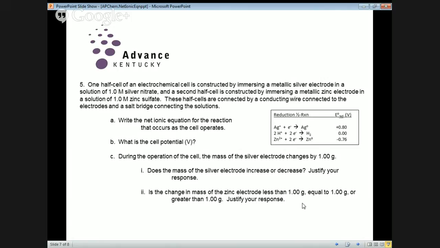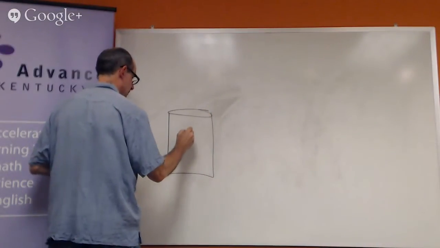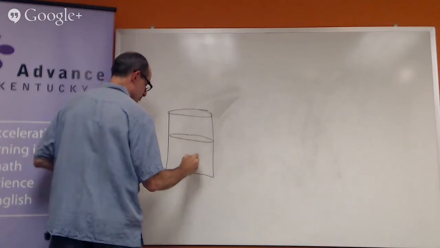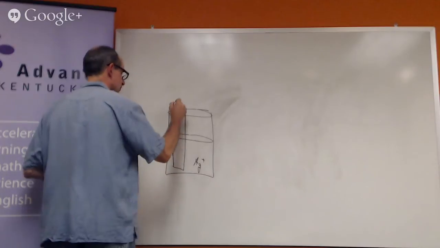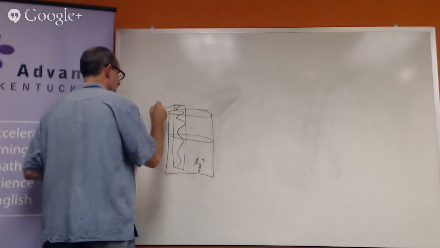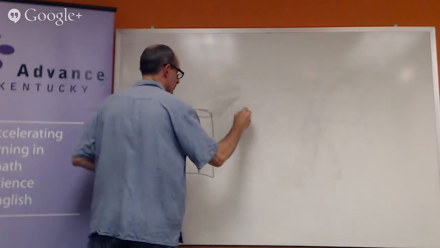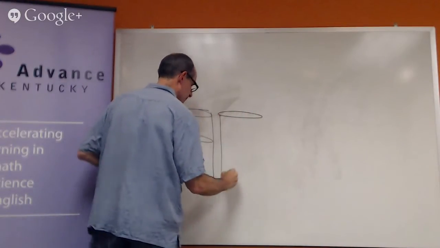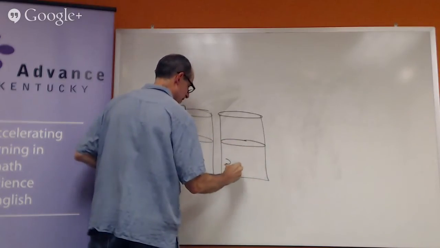So let me switch back to the whiteboard here, and I will try to draw a little picture, a schematic of this electrochemical cell. We've got a solution of silver ion with a nice silver electrode in there. And that's a half cell. And then over here, next to it, we've got a second solution that contains zinc ion.